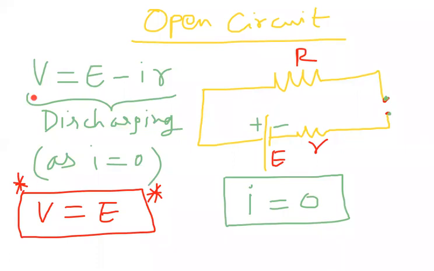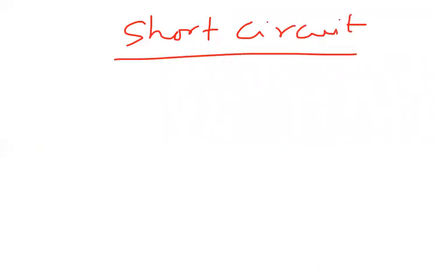Let us see what is short circuit. Short circuit means directly connected. Suppose I am taking this as the positive terminal, EMF and internal resistance, and here what happened, beta?